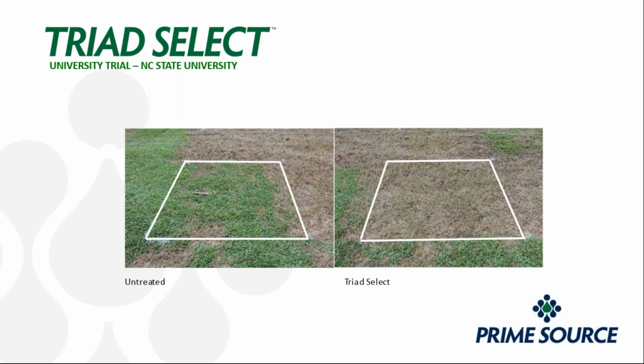However, with our Triad Select at the full rate, the 1.5 fluid ounce per 1,000 square feet with the NIS, we were able to take this weed out with one application. And you can see it didn't hurt the Bermuda grass, and that Bermuda actually recovered really well in this trial. So it was exciting to be able to finally get something to control this problematic pest.